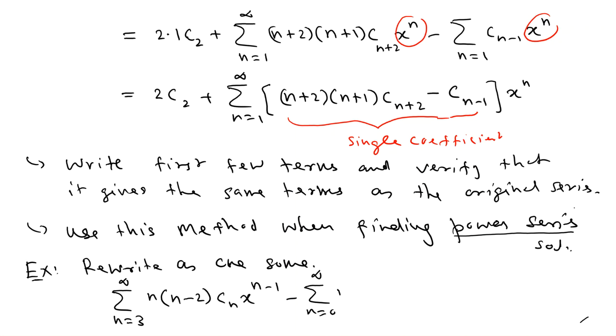we can say n Cn x to the n plus 2, plus, you can even multiply by a number if you want.